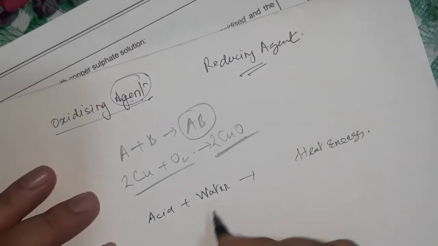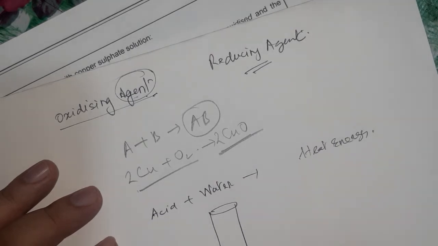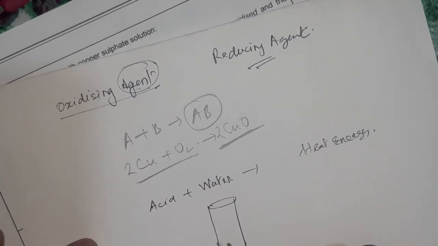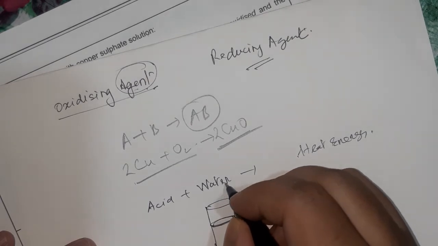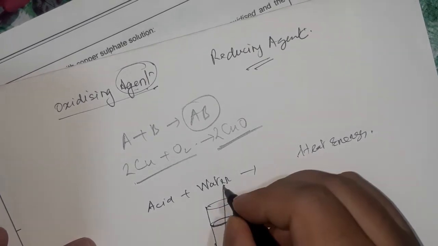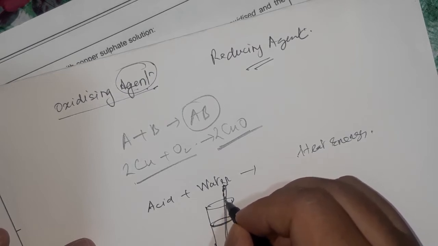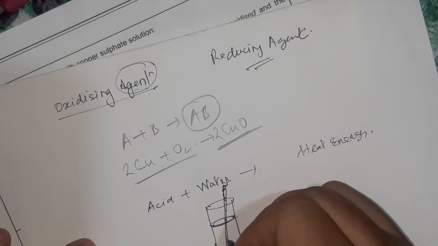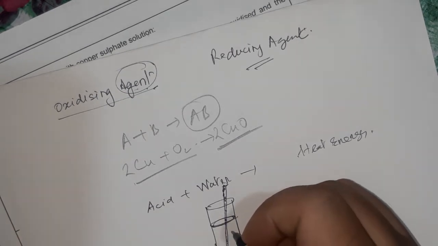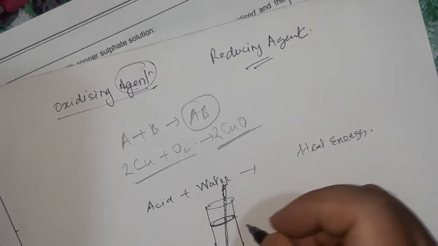So if you are taking a glass tube, we should take water first, then drop by drop, using a glass rod, we should give acid over the glass rod, so that a very small amount of acid goes in slowly and produces less heat energy.